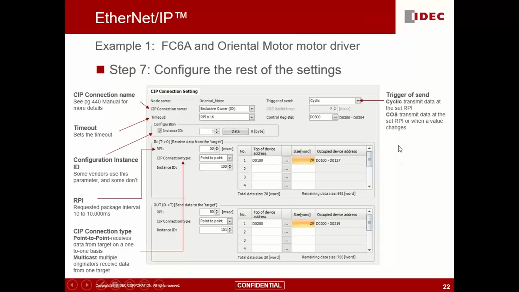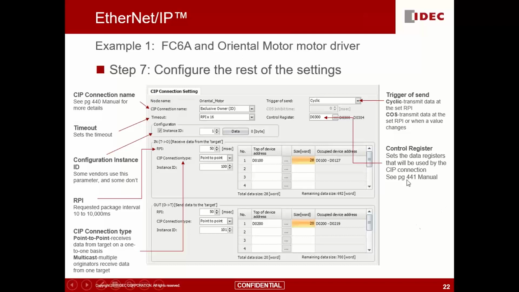Okay, and then you also have COS, which stands for change of state. Change of state transmits data at the set RPI or when the value changes. So you can use either one. The control registers set the data register that will be used by the SIP connection.